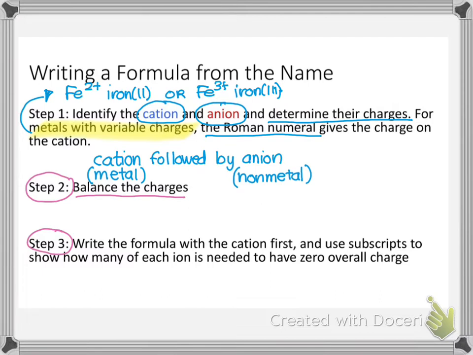In this case, we're going to have the name, so we'll figure out the ions, and then we'll write the formula. So again, if you're like, whoa, I recommend you go back to the previous video and review that, practice that, and then come to this one.